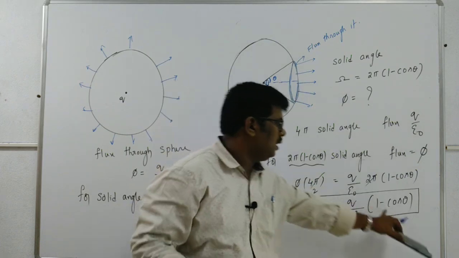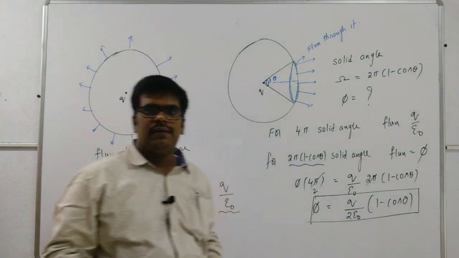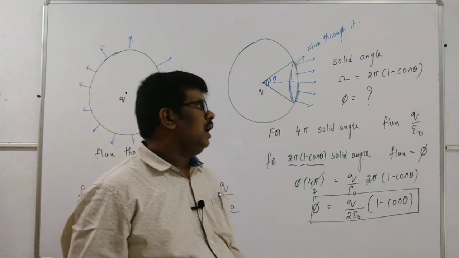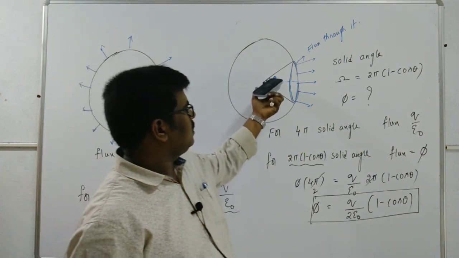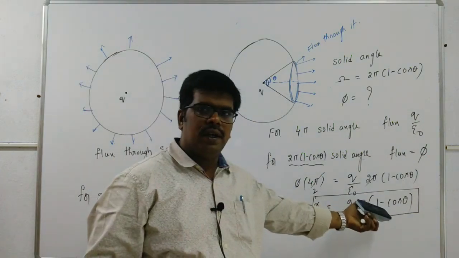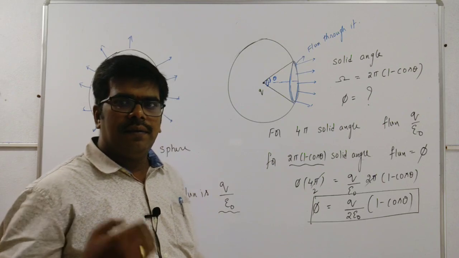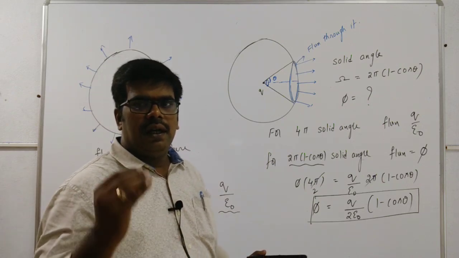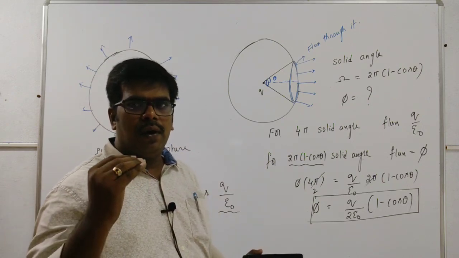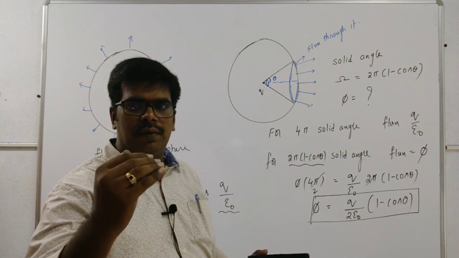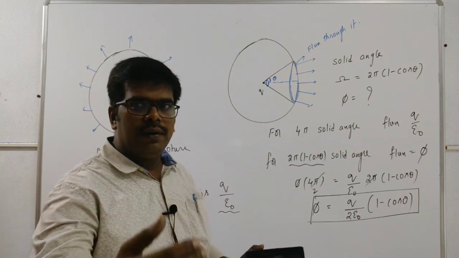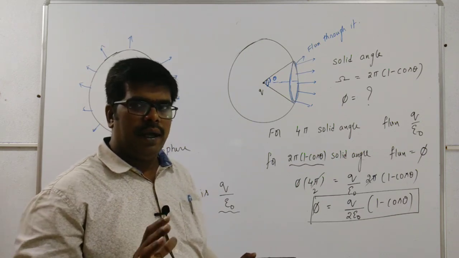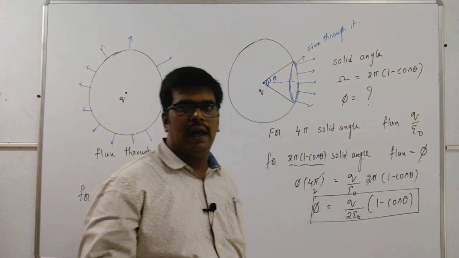That angle is theta here. If you substitute that angle theta, say 60 degrees, you will be able to determine the flux through a part of the closed surface using this solid angle concept.